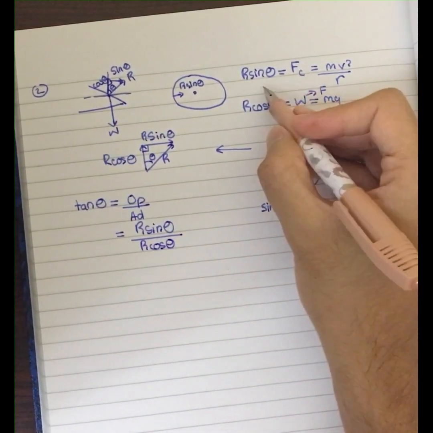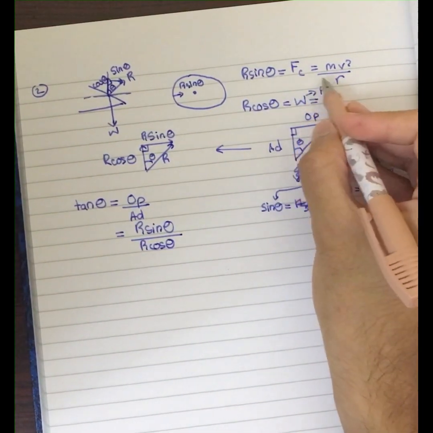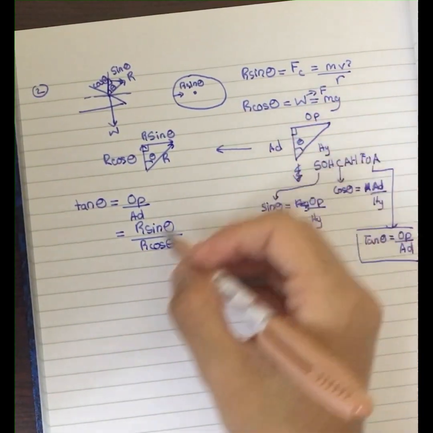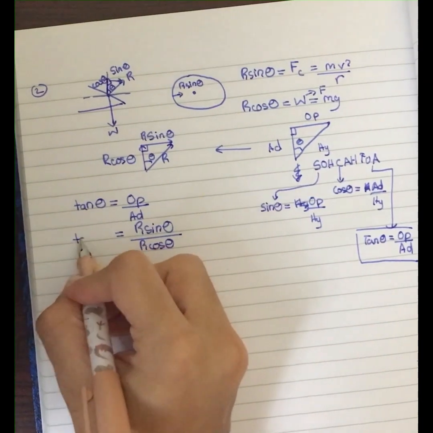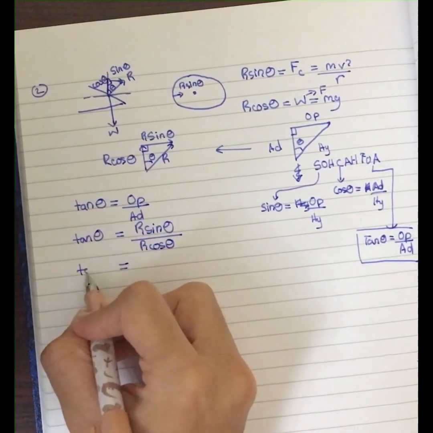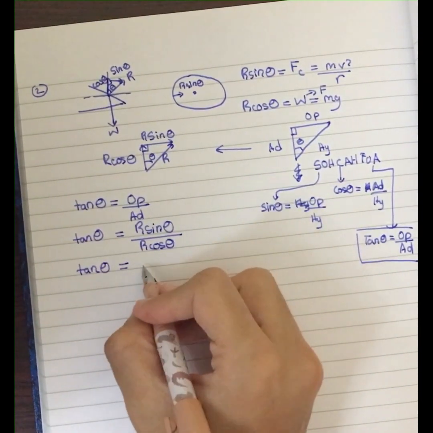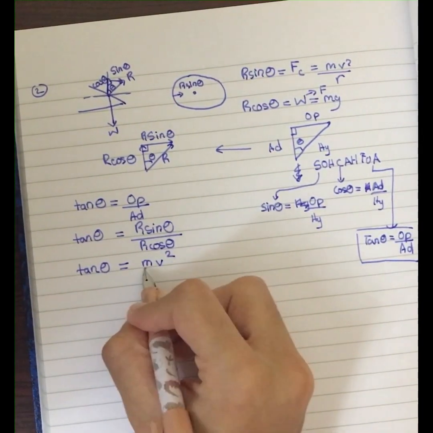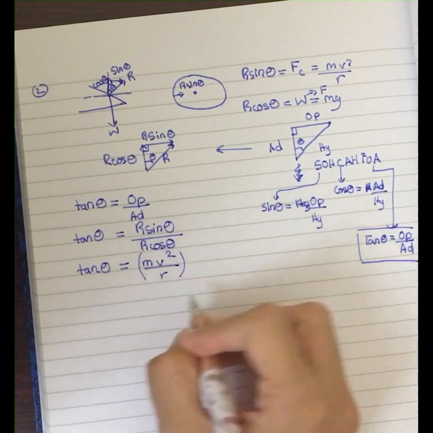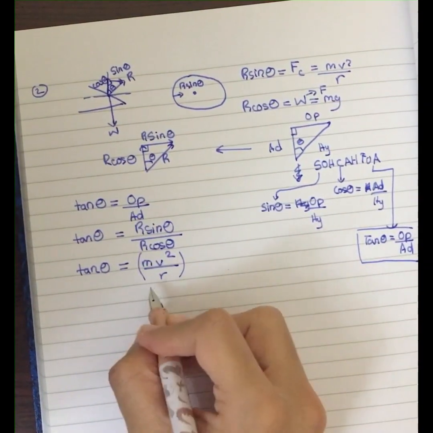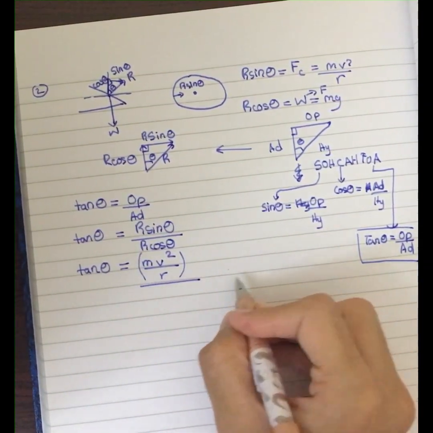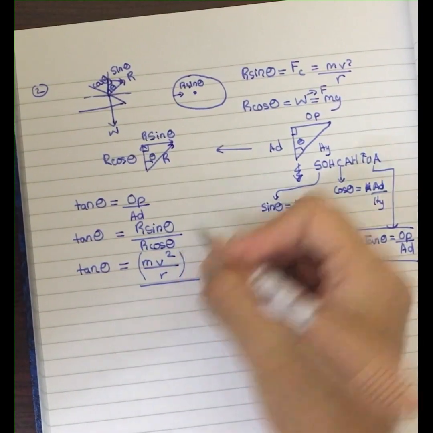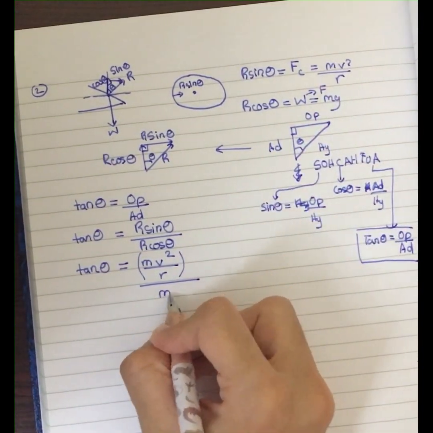Now we stated that R sine theta is the centripetal force, which is mv squared by r, right? So let me write this as well. Tan theta equals mv squared by r, and then our denominator is mg, right?